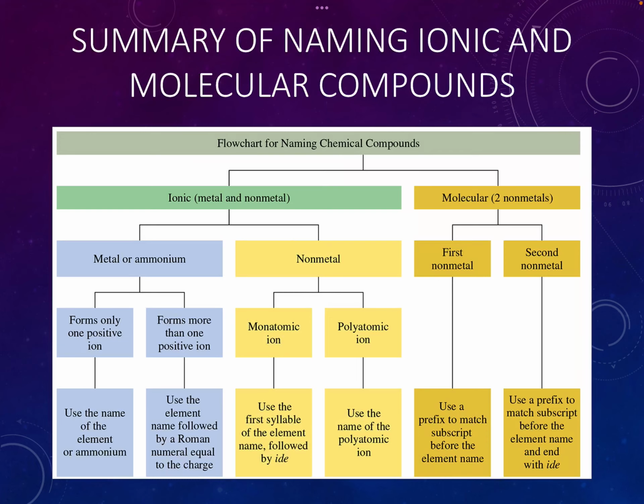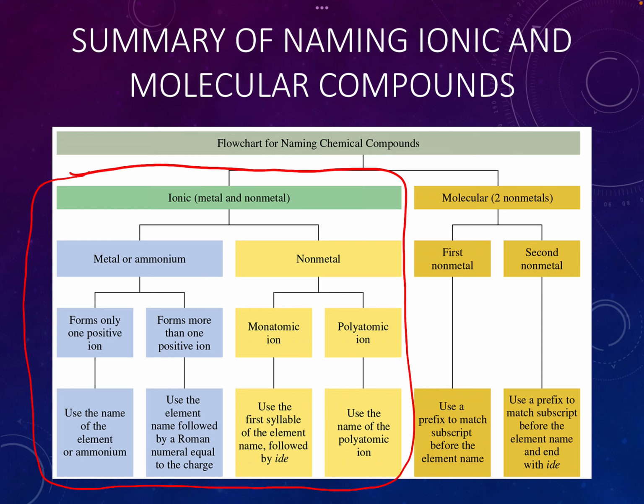So here is a nice summary of how to name everything. I gave you this bit over here, this ionic stuff, last time, for how to name ionic compounds. But now, today, we talked about how to name molecular. Okay, so remember, if you have an ionic compound, it'll be between a metal and a nonmetal, or a metal and some polyatomic ion, whereas molecular is going to be between 2 nonmetals.